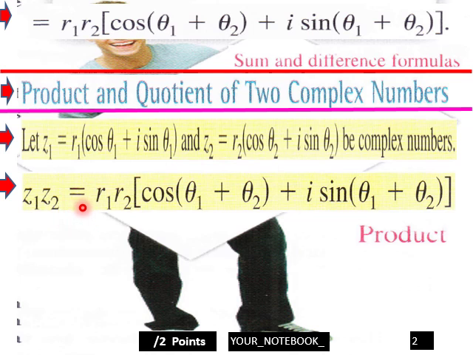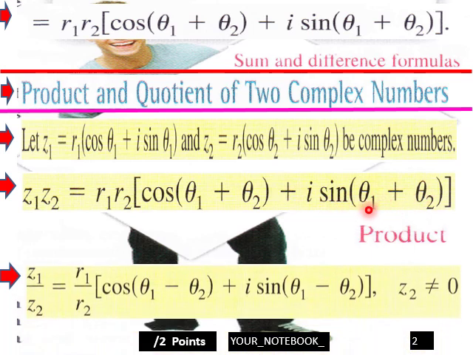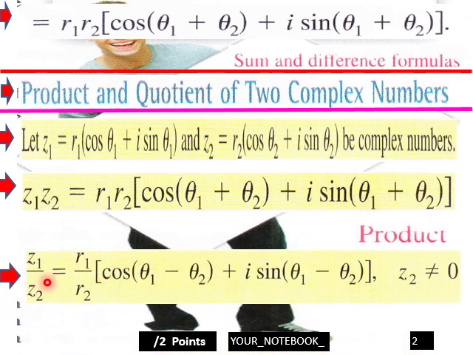Z1 times Z2 will equal r1 r2 times cosine quantity theta 1 plus theta 2, plus i sine quantity theta 1 plus theta 2. That's our product. And here is our quotient: Z1 over Z2 equals r1 over r2 times bracket cosine quantity theta 1 minus theta 2, plus i sine quantity theta 1 minus theta 2, bracket.